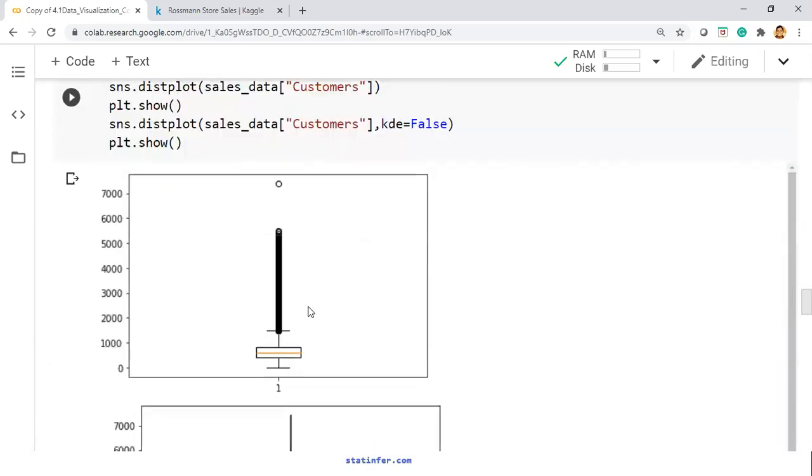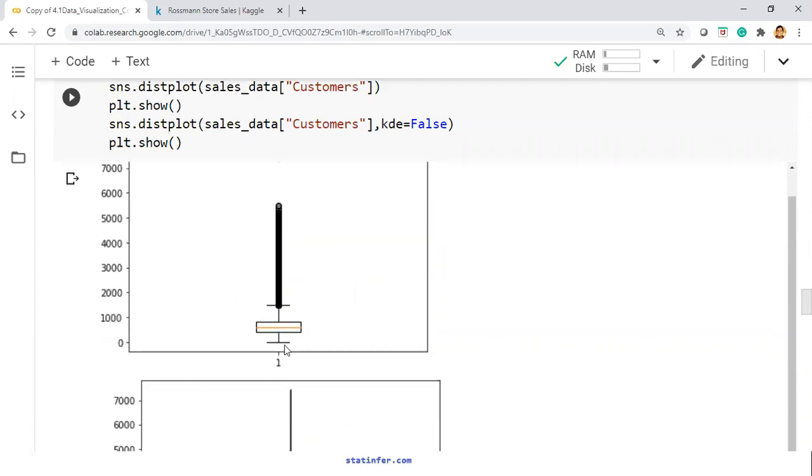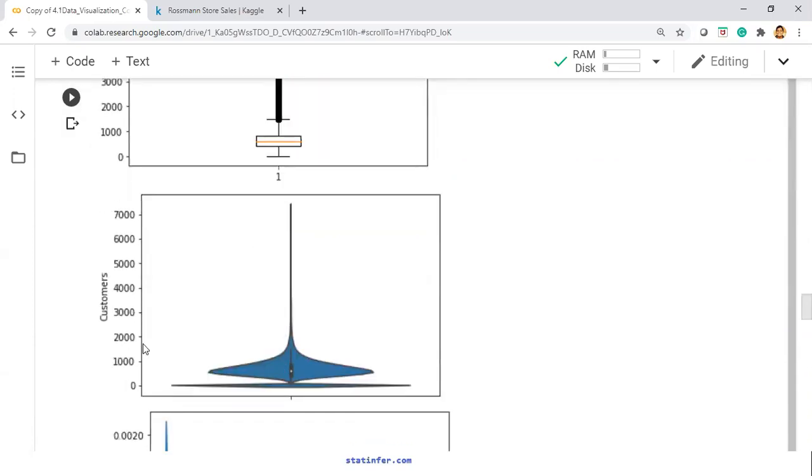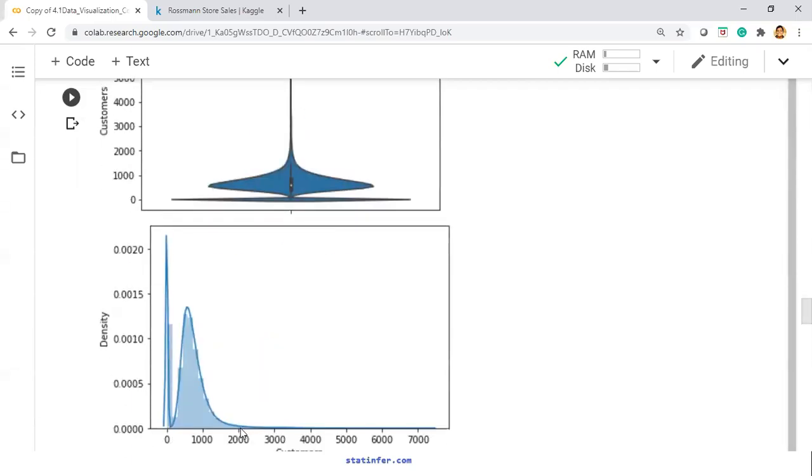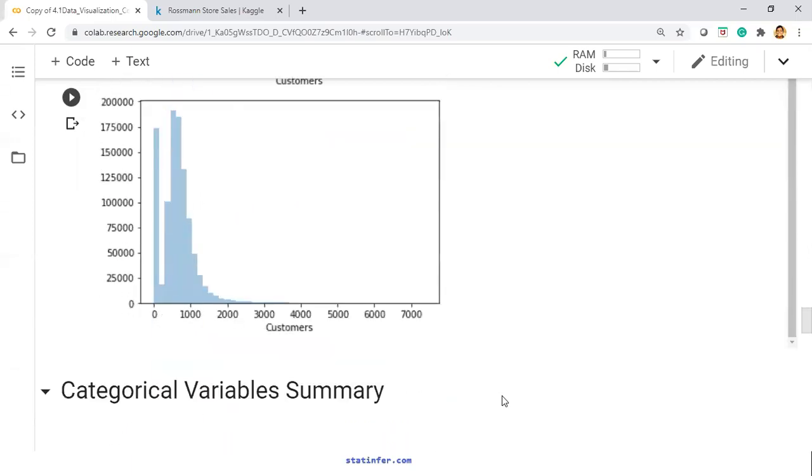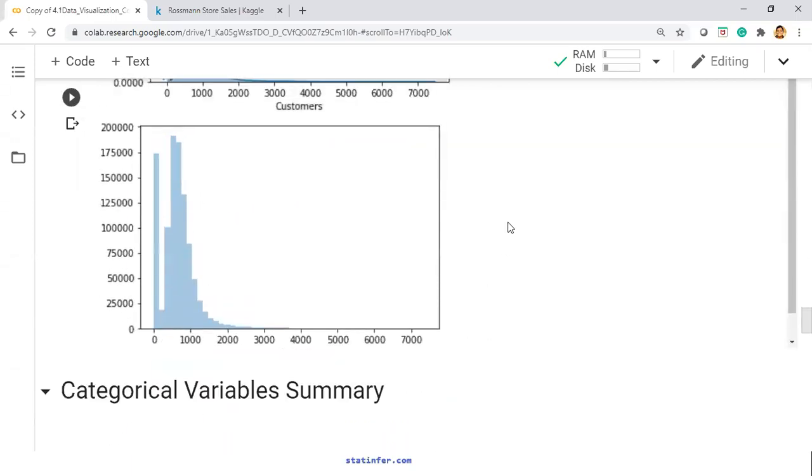A similar story you can tell about the customers: what the absolute maximum value is, and then the range that you can give to the user, saying that though the absolute maximum is around 7,000, the realistic maximum is around 1,500 or something. All of you are following me, right? The realistic maximum looks like around 1,600 or 2,000, maximum 2,000. Beyond that, there are outliers present in this one as well.